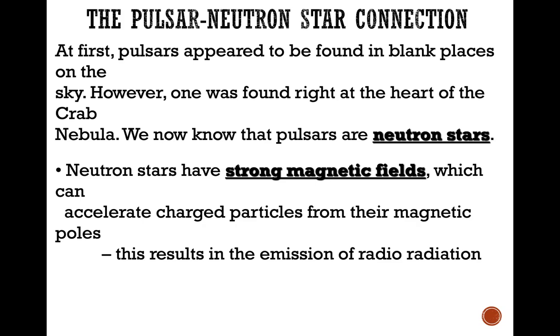And we now know that neutron stars have very strong magnetic fields, and these magnetic fields can accelerate charged particles from their magnetic poles, right? And these accelerated charged particles are responsible for this emission of radio waves.